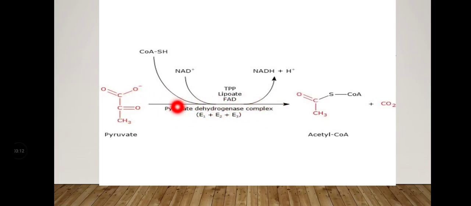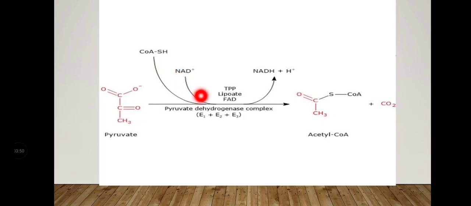Pyruvate dehydrogenase complex. This is a complex enzyme made up of subunits E1, E2, and E3, and each of these subunits is a different type of enzyme. It requires the presence of these cofactors: coenzyme A, NAD plus, lipoate, and FAD.